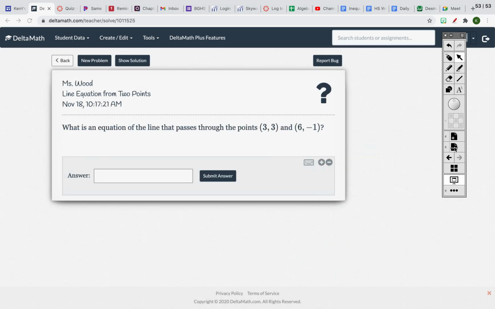Let's try this again. Slip and slide. So that's a -4/3.